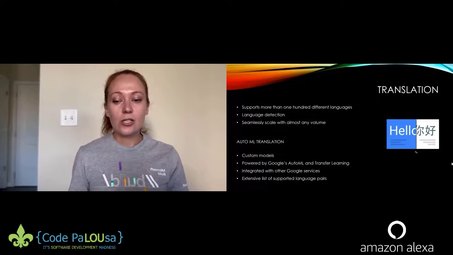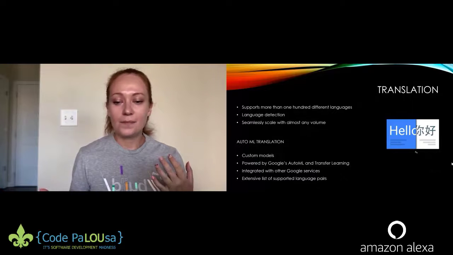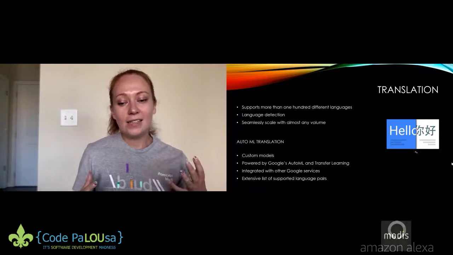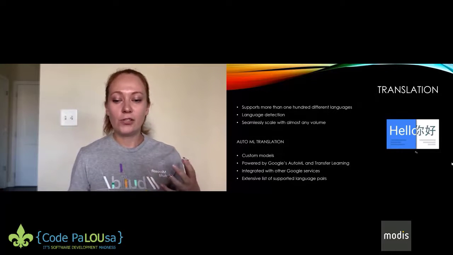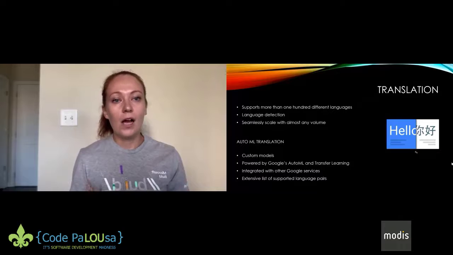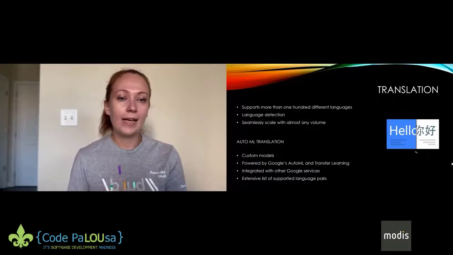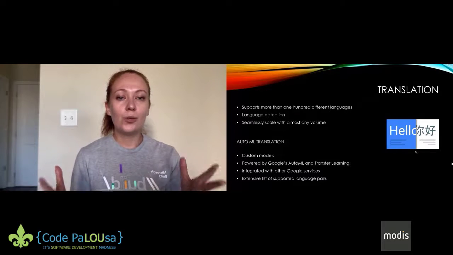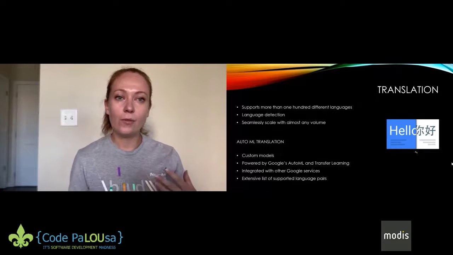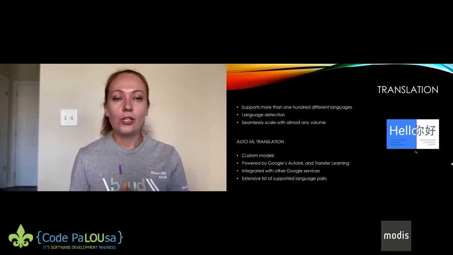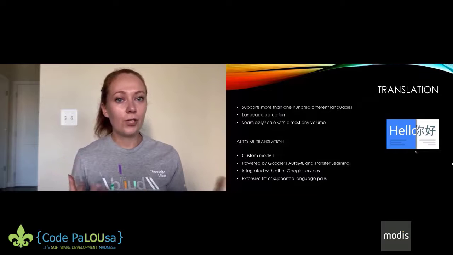And then they also support AutoML translation. That is kind of interesting, but Microsoft just doesn't say that they're using AutoML, and AutoML is not something specific to Google. That is just a framework to make the training of your models more efficient. So you don't have to spend hours and hours trying to figure out what is the best model for your data.